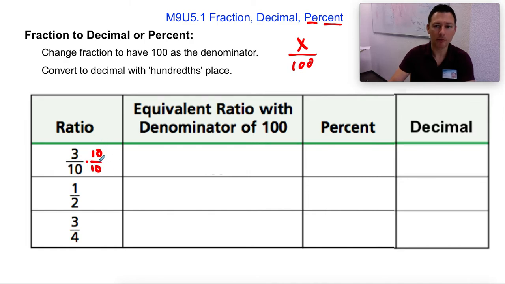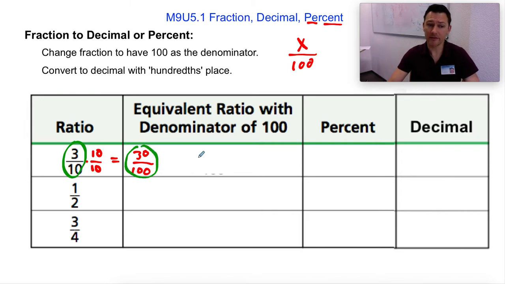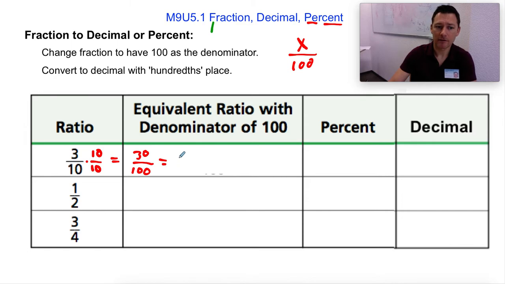I'm multiplying by 1, so I'm really not changing anything. This 3 times 10 is 30, and 10 times 10 is 100. So this 3/10 and this are the same fraction, right? But what's nice about that is 30 per 100 is really 30%, right? So this is just this 30, and this piece is percent. This line is this line, and these are represented by those 2 dots. That's where the percent sign comes from.